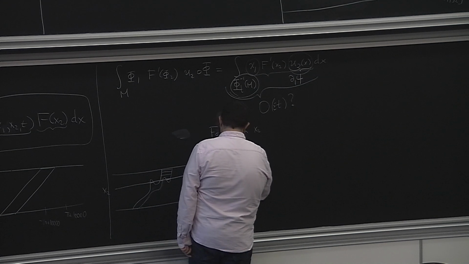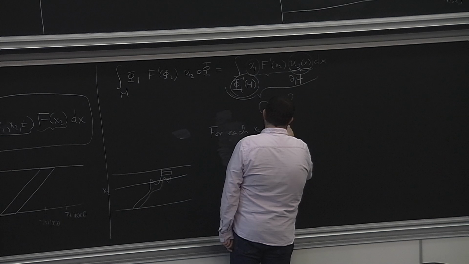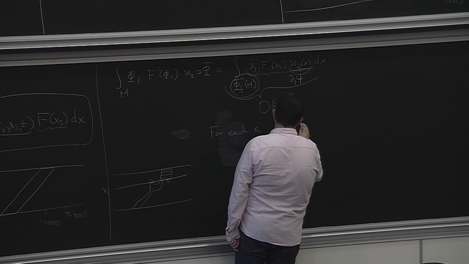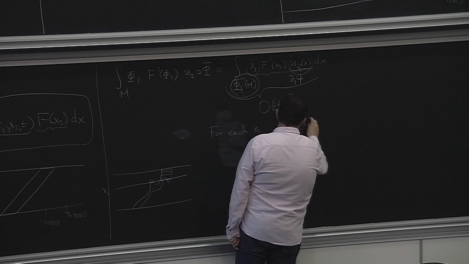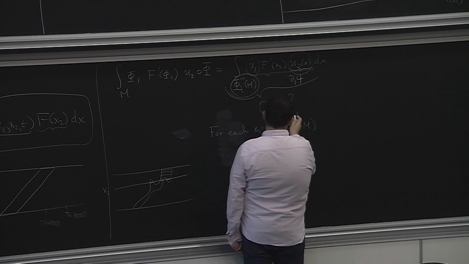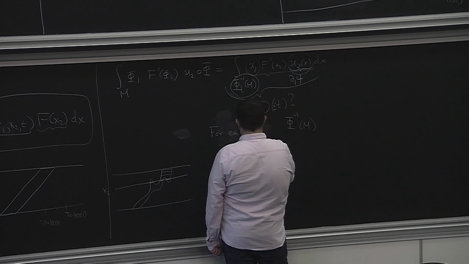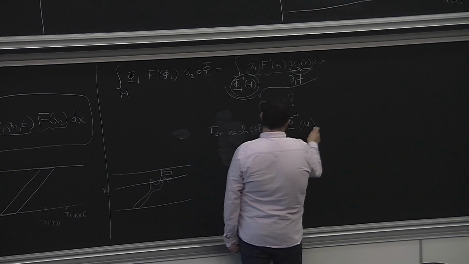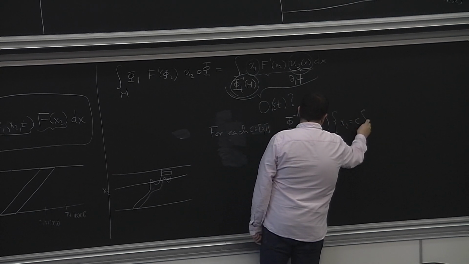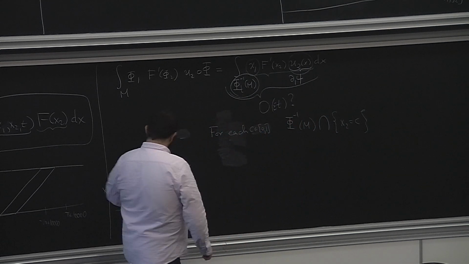So for each x2, phi t minus 1 of m. Okay, so for each c in 0, 1, phi t minus 1 of m intersected with x2 equals c. So that's this slice.